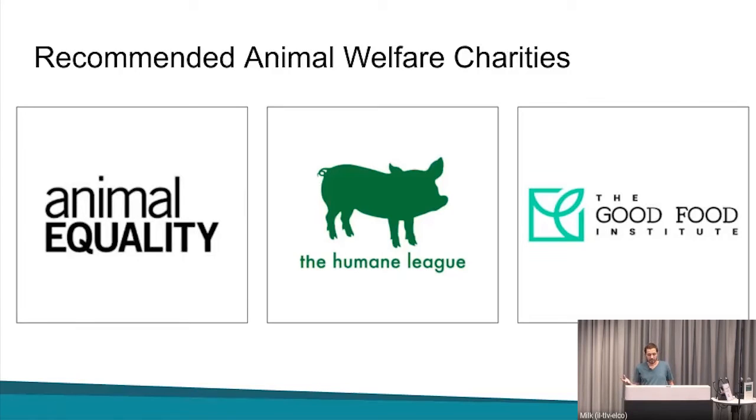But GFI not only works on an important problem, but has also been identified as one of the most cost-effective charities in the world to try and bring about the revolution in the food industry. So no one can tell you what is the cost-effectiveness of this organization. We don't know how much money it will take to create this food. But it's been identified as working on an incredibly important research problem and being very effective in creating change in that research field.